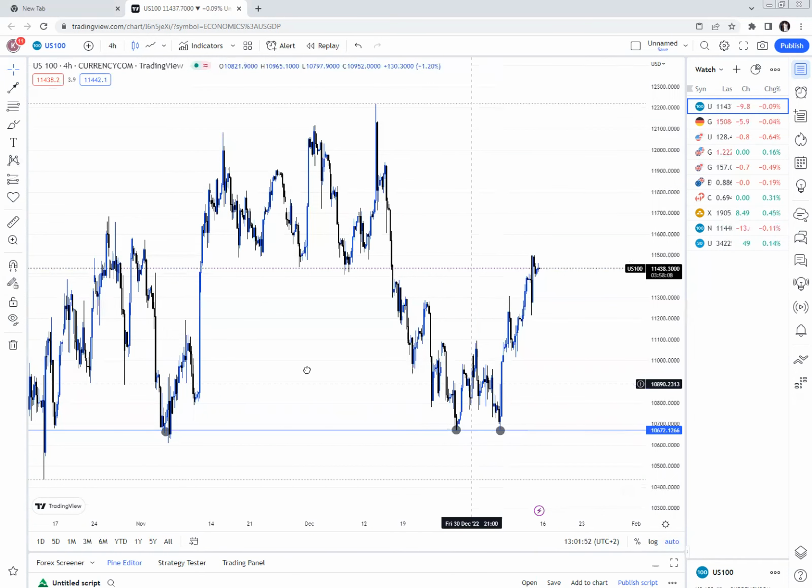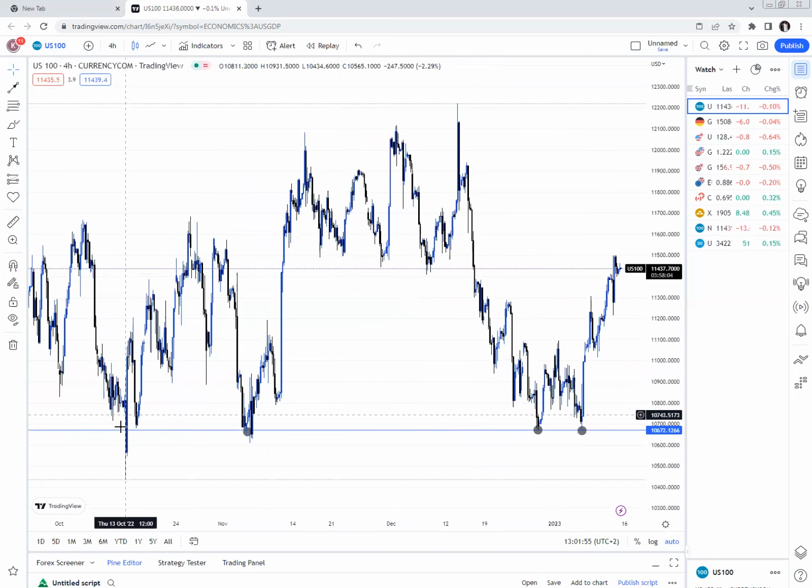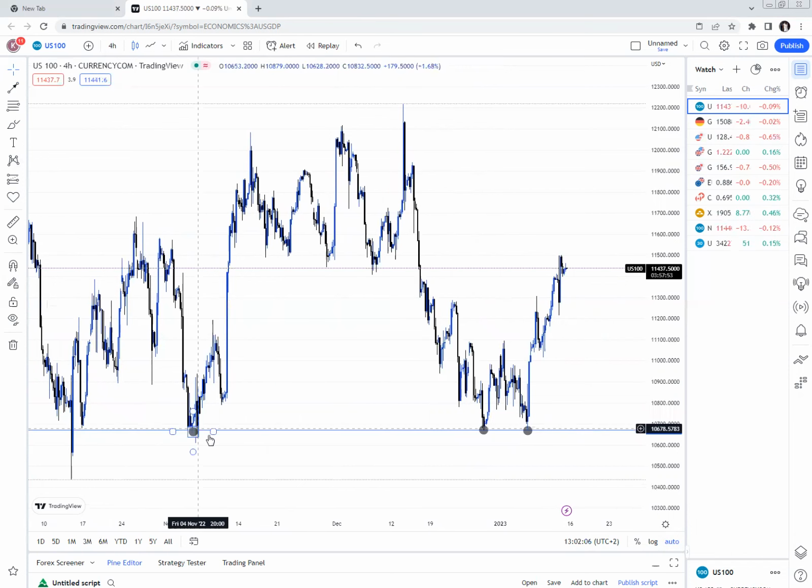Look how it reacted. We won't count this as a touch because it didn't respect that zone. And this one, we're not going to say it's a touch because they didn't really touch that zone. So this was a strong support zone. Let's dive deeper into this setup and see what really happened. So I had our first touch, second touch, came back for the third touch.